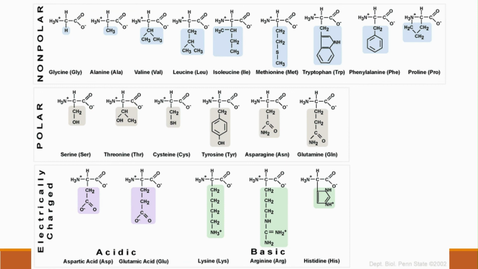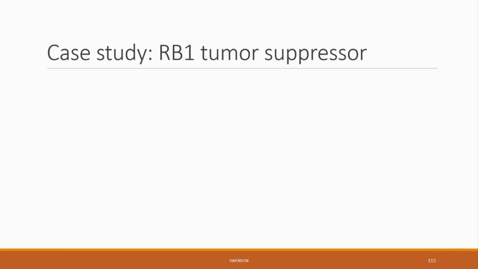All right, so that was just an example of an inherited mutation. Let's go ahead and look at one that arises through an acquired one. So sickle cell, again, is a hereditary mutation. And this case study of the RB1 tumor suppressor is going to be one of an acquired mutation.